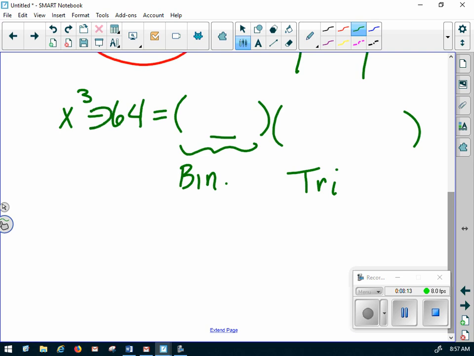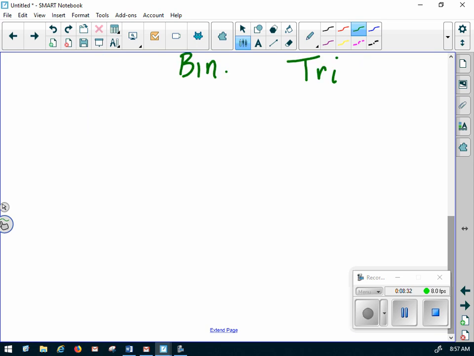So it's going to be this one. What sign's going to sit right here? Positive, because opposite. And what's going to sit right here? Positive, because always positive. Try another one. Y cubed plus 125.